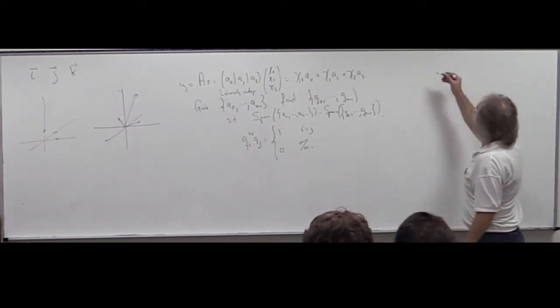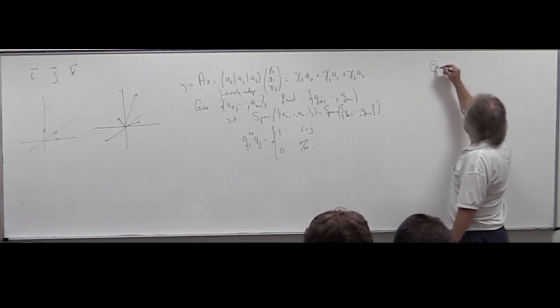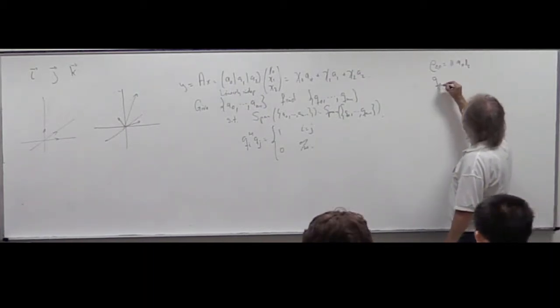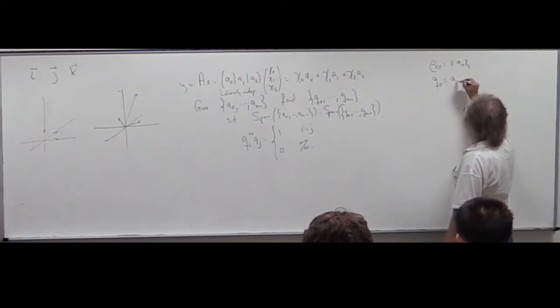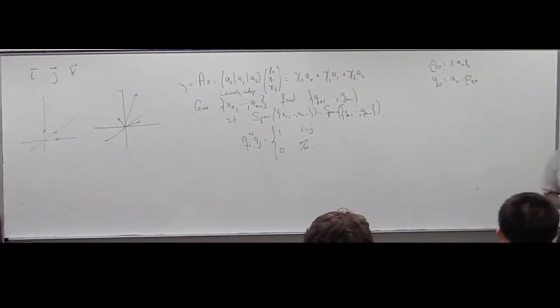So if we only have one vector, all you need to do is compute the length of that vector, and then create a vector that has length 1, and you're done. So that's easy.